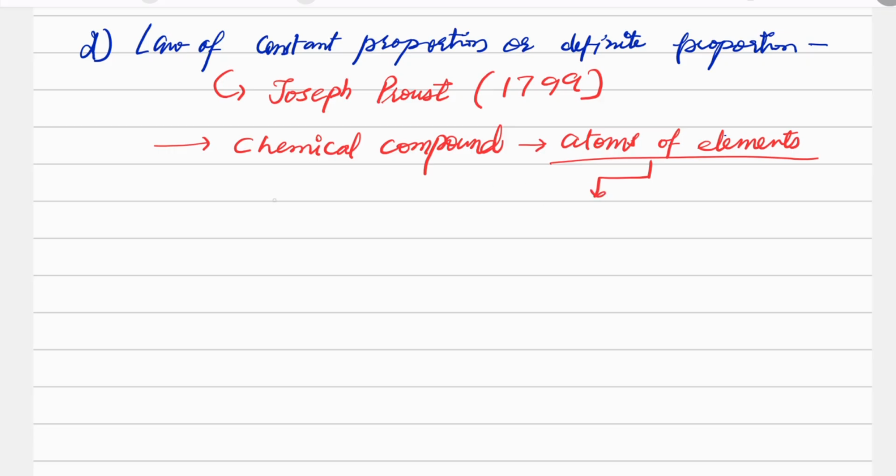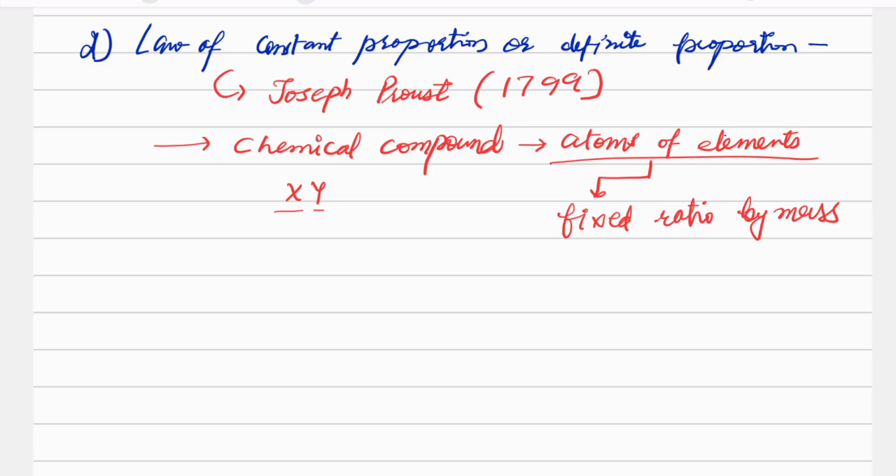Compound means there are two or more elements. Suppose X and Y are there, X is an element and Y is an element. These atoms are always present in a fixed ratio by mass. There is a fixed ratio for each chemical compound.